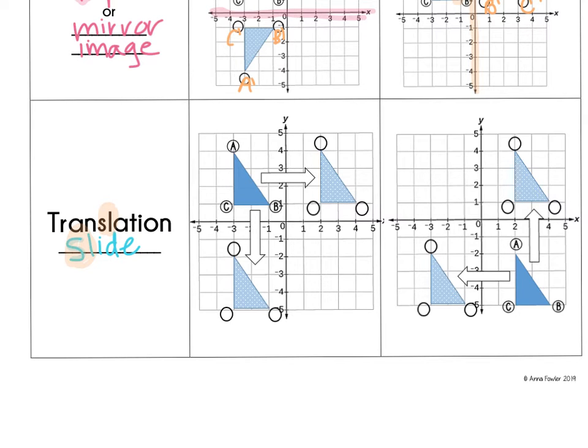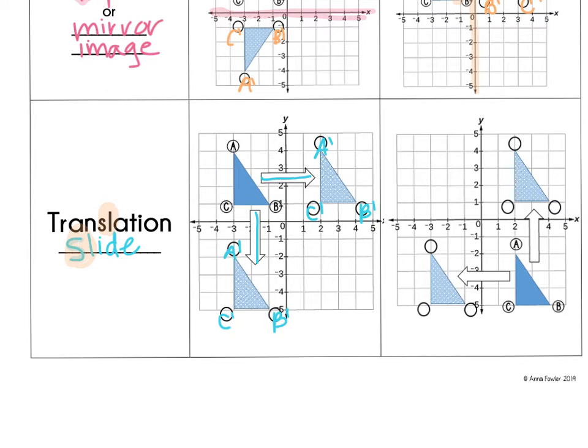This is where the shape is just going to slide across however many units. Again, when we're naming it, it's A prime, C prime, and B prime with a little apostrophe after. This one is sliding down. So A prime, C prime, B prime.